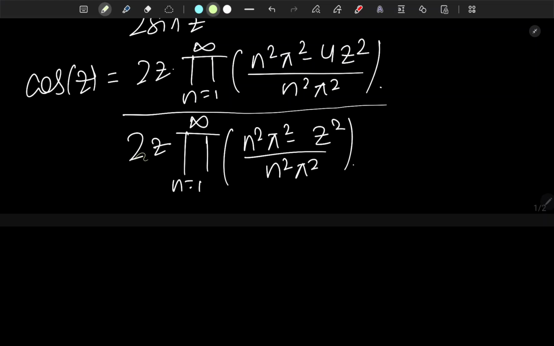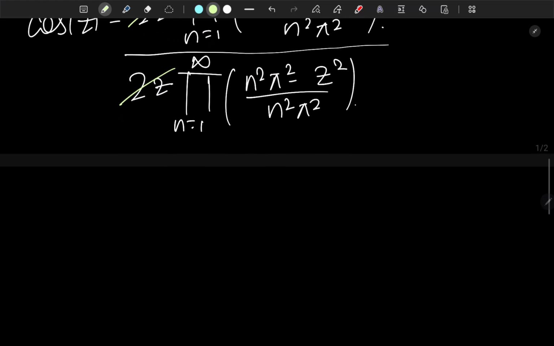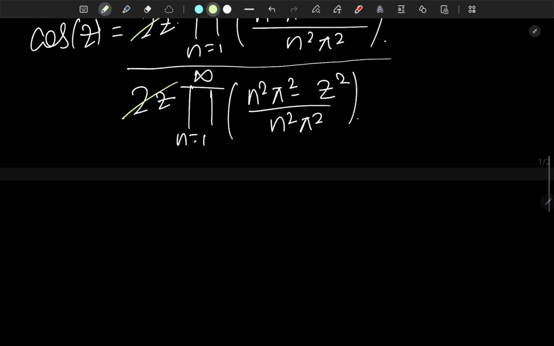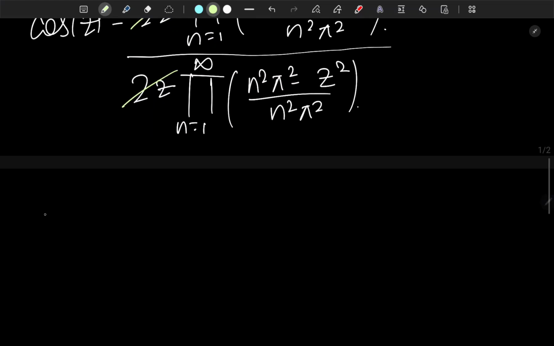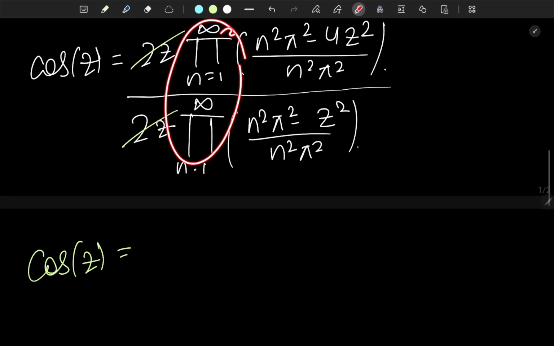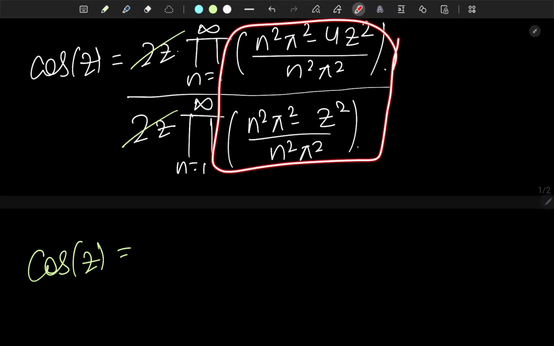So now we're getting a perfect cancellation here. The factors of 2z up front we had, we just got rid of those. So basically we have cosine of z equals the product. Since these two are both going from 1 to infinity, we can just combine them, and we can write these two things as fractions of each other.